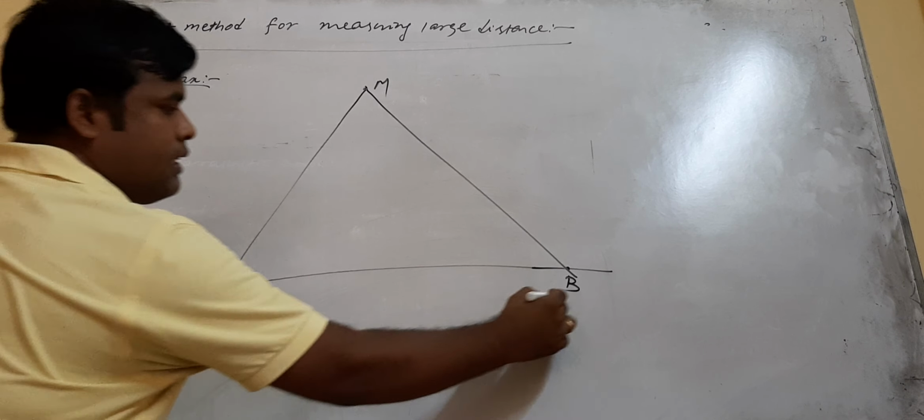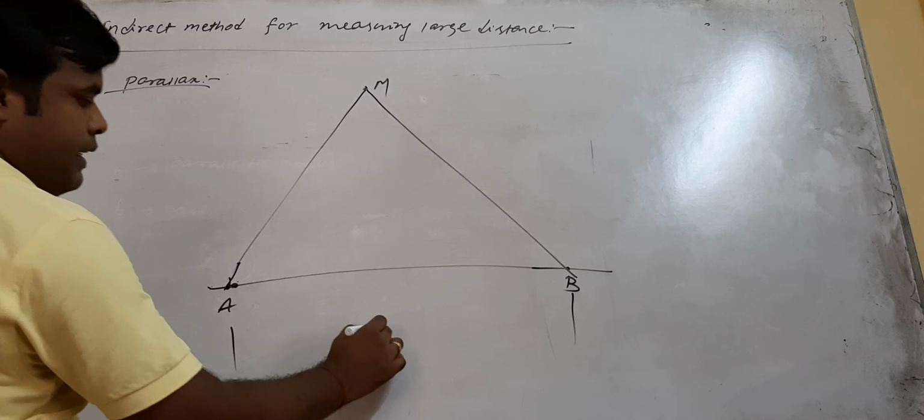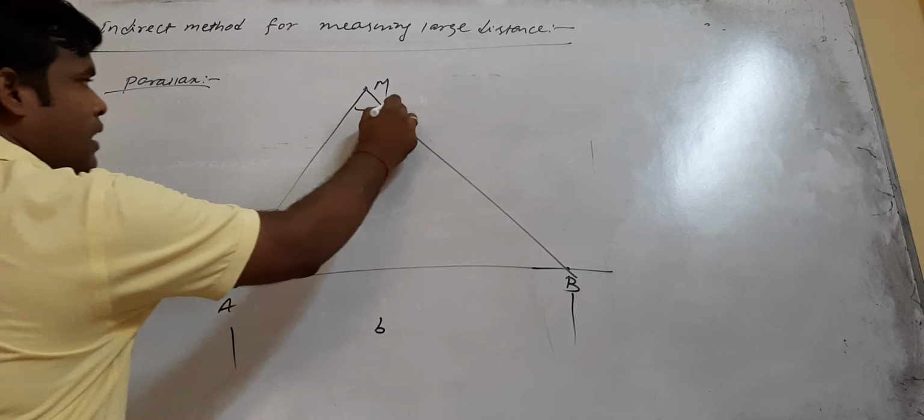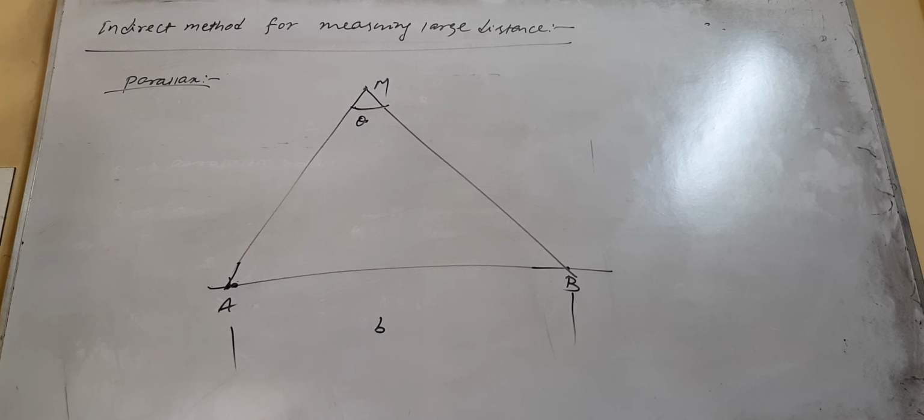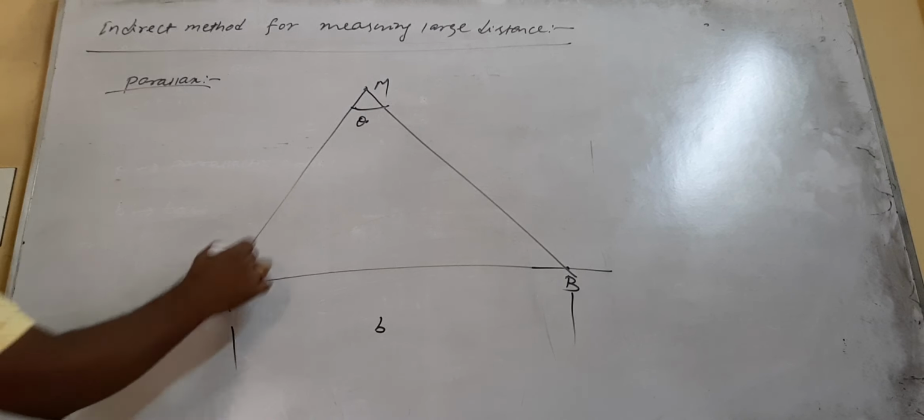This distance you know, let it be B, and this angle you can measure. Then you can find the distance of the moon from the earth, let it be S. Then theta is equal to B by S, so you can find S is equal to B by theta. So this is your method of parallax to measure large distance.